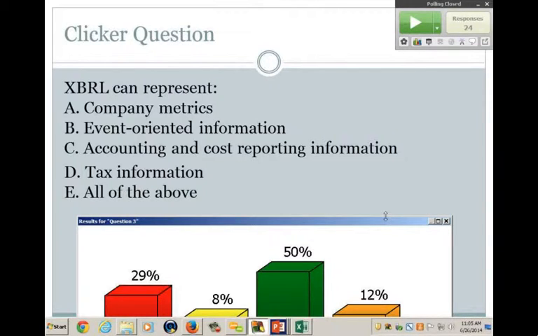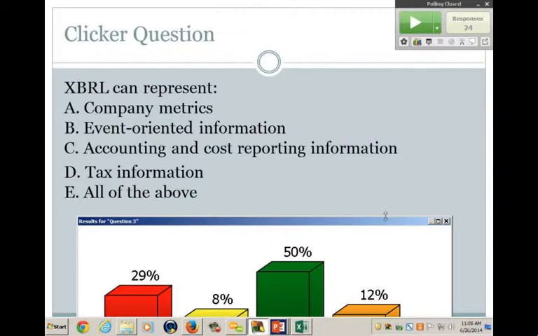XBRL is a representation language, correct? So you can put in XBRL any tag you want. You can put company metrics; actually financial account data is company metrics, but you can put any kind of company metric you want. You can use XBRL GL, so you can do event-oriented metrics.